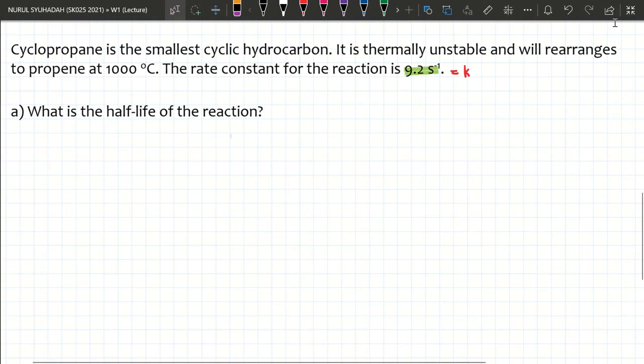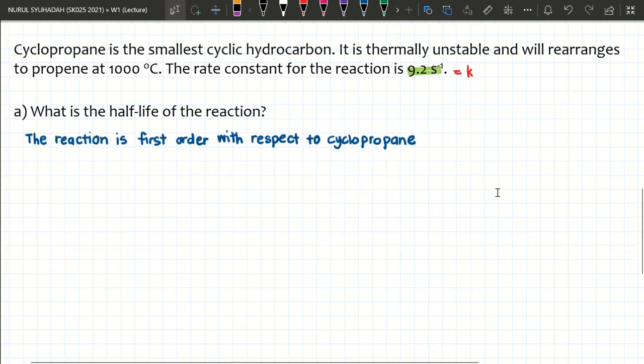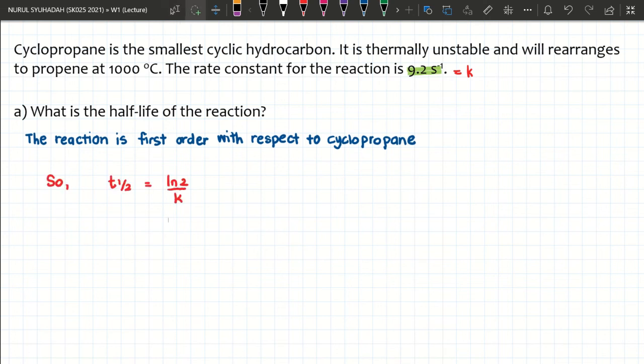So this is our question with the highlighted information. The first one is, what is the half-life of the reaction? Since we have determined that the reaction is first order with respect to cyclopropane, the half-life equation that we will use is t half equals ln 2 over k.